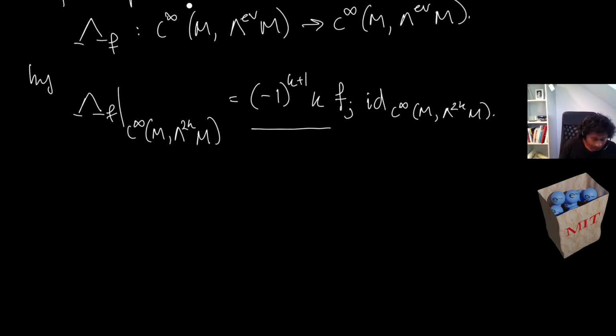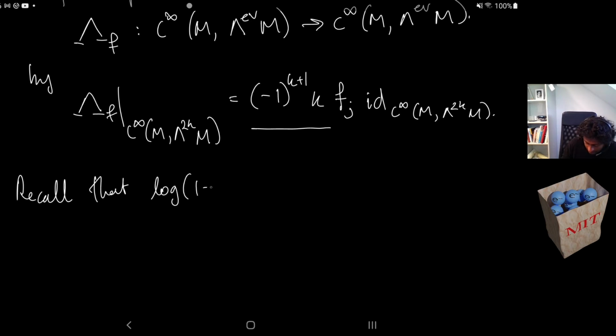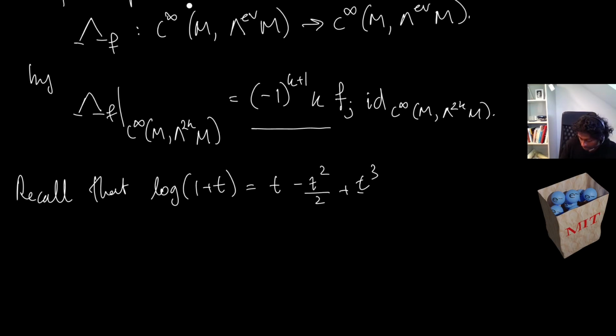So anyway, recall, so why do we care about doing this? Log of 1 plus t we can expand as t minus t squared on 2 plus t cubed on 3 minus dot dot dot.